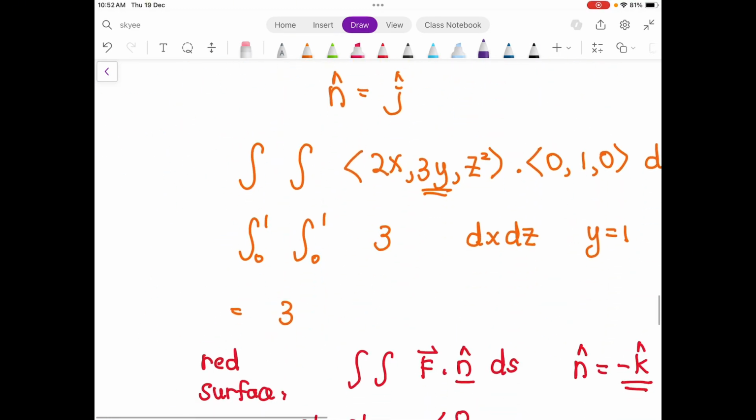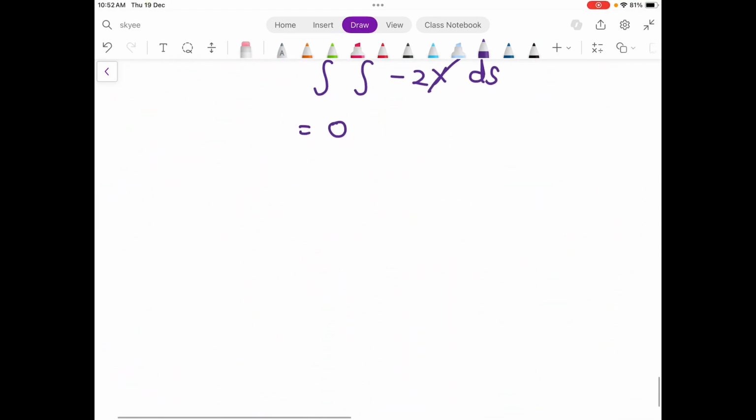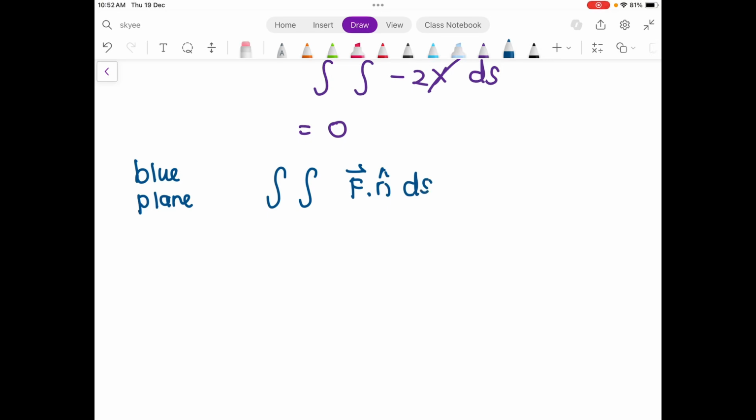Blue one at the top. Do you think the blue one at the top would be 0? Okay, so this is the blue plane.